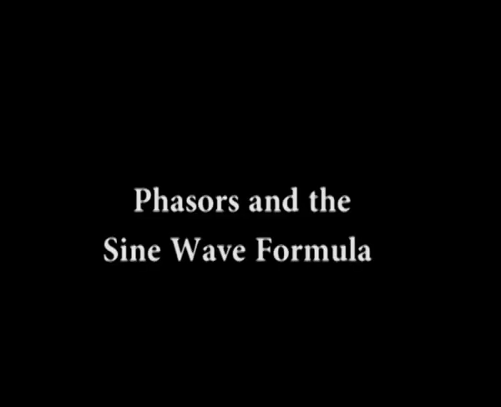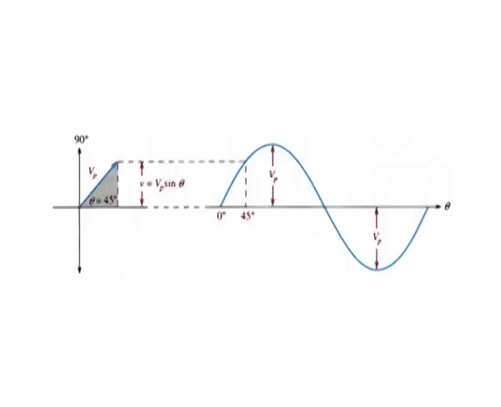Phasors and the sine wave formula. Let us examine a phasor representation at one specific angle. The figure shows a voltage phasor at an angular position of 45 degrees and the corresponding point on the sine wave.